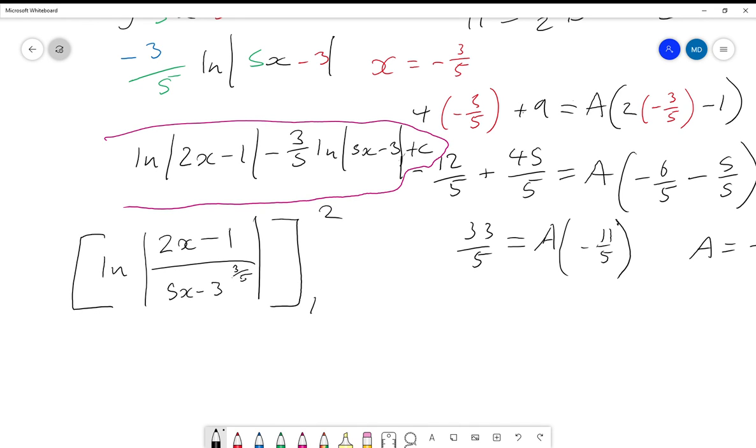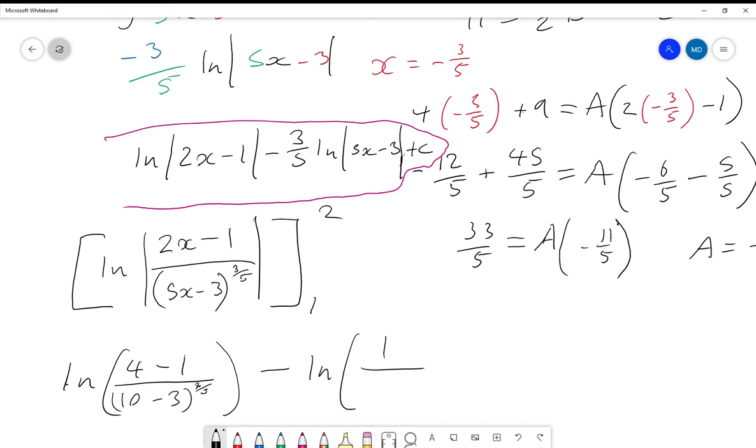Okay, and so what do we end up with? Well, let's plug this in. We get the natural log of 4 minus 1 over 10 minus 3 all to the power of 3/5 minus the natural log of 1 over 2 to the power of 3/5.